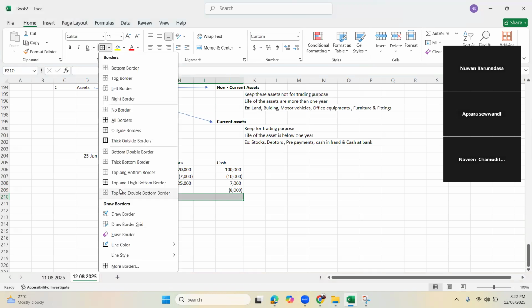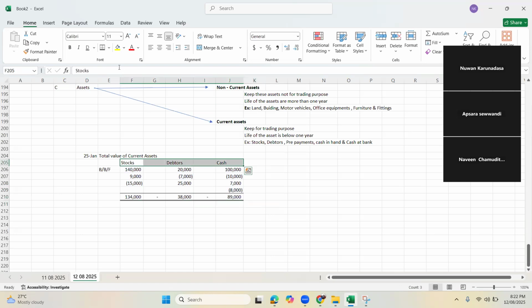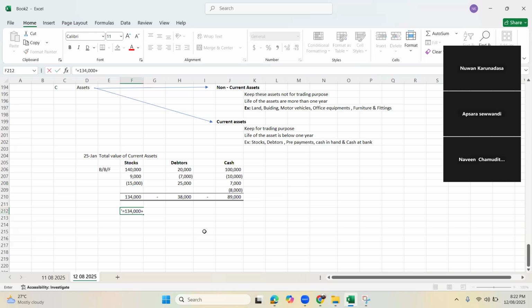Then we'll take the total. Here 134,000, here 38,000, here 89,000. Was it understood? Apsara? Naveen? Yes, sir. Very good. Then the total current assets is equal to 134,000 plus 38,000 plus 89,000.